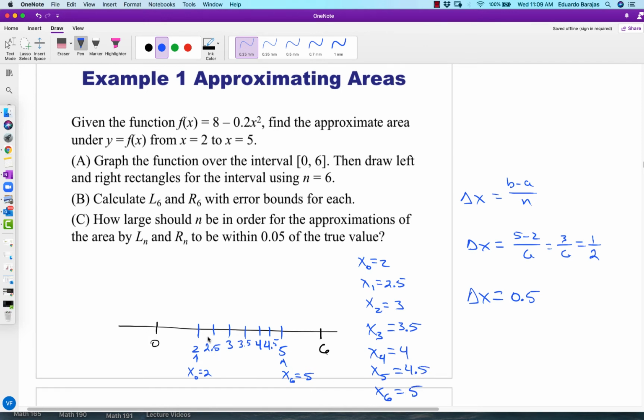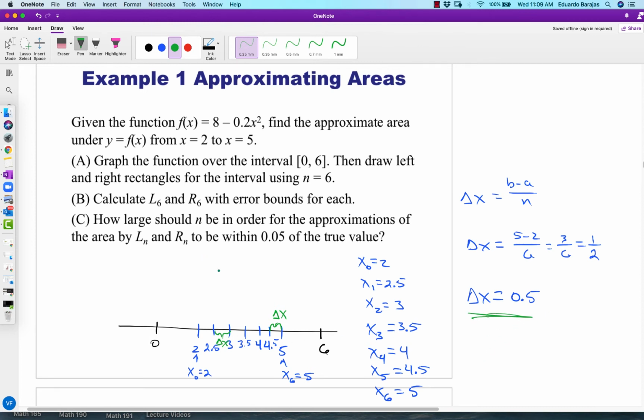So the space between 2 and 5 has been chopped up into little delta x's, right? Each one of these is a delta x, and they're all the same width, even though my drawing isn't great here. They're all the same width of delta x, which is equal to 0.5.